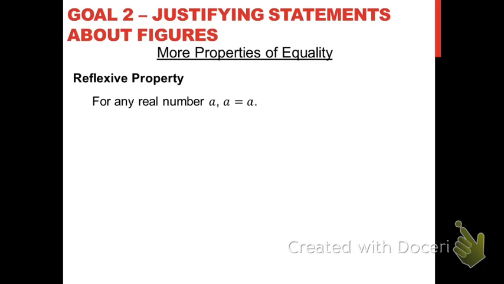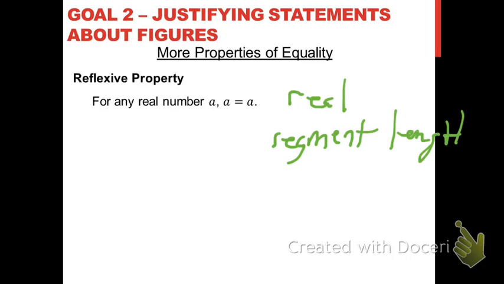All right, so this, we're using a real number. But what I'm also going to do is show you how this property looks when it involves a segment length. That's the next typed thing that'll be on your screen here in a moment. And then we're also going to see what that property looks like if it's dealing with angle measures.